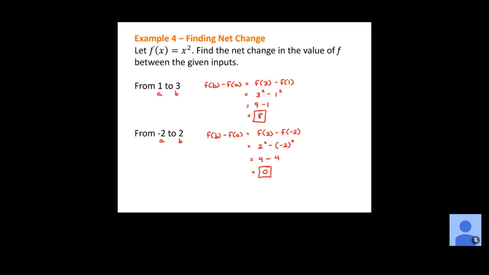Now, the reason for that is that the y values at f of 2 and f of -2 are exactly the same. And since we're looking at the change in the y values, we're just saying, yeah, the y values haven't changed from -2 to 2 because they're exactly the same y value. They both give us 4.